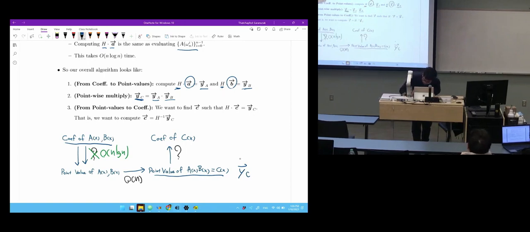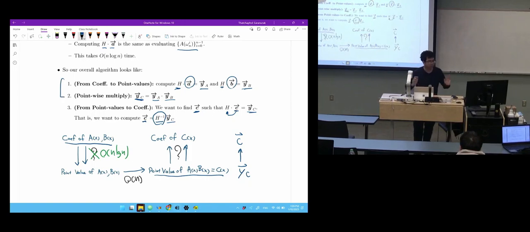And now all we want to do is convert YC to the vector C. This is this step. That is, we want to find a vector C such that if I multiply C by H, I would get YC. Another way to put this is that I want to compute C, which is H inverse times YC. Okay. So right now, we don't know how to do this yet.